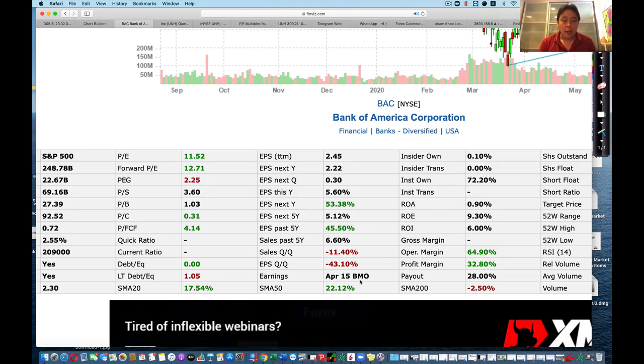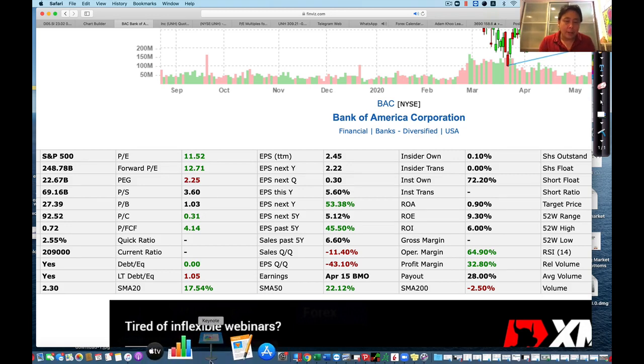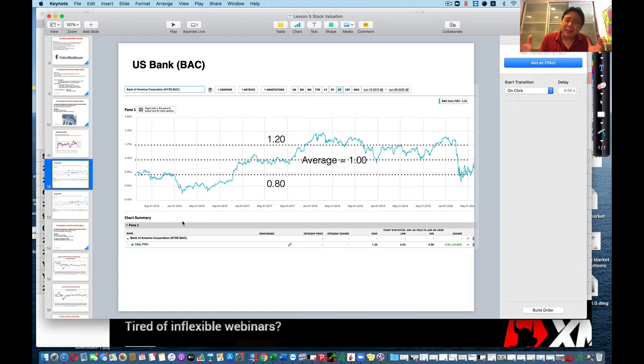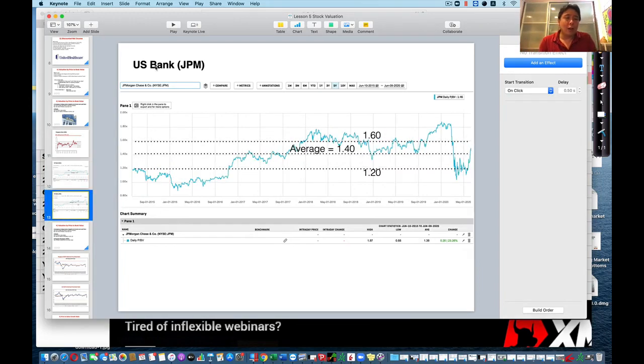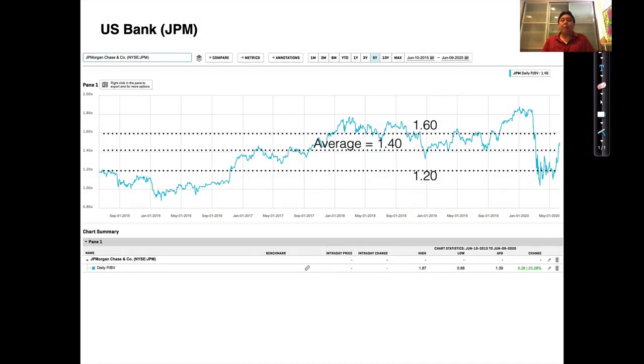All right. So in general, you can see that for banks, the fair price is about 1 to about 1.2. That's a fair price. Now there are exceptions to this rule. With everything, there are exceptions. One exception would be JP Morgan, the largest bank in America.